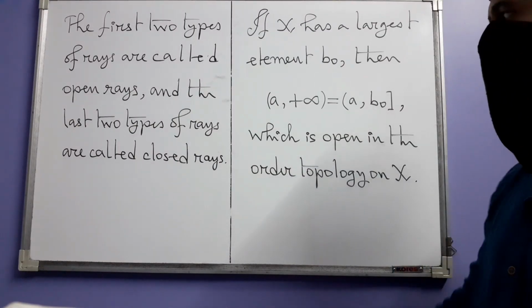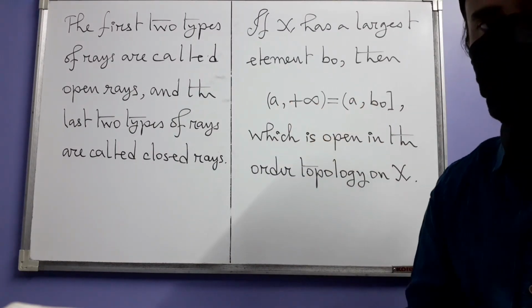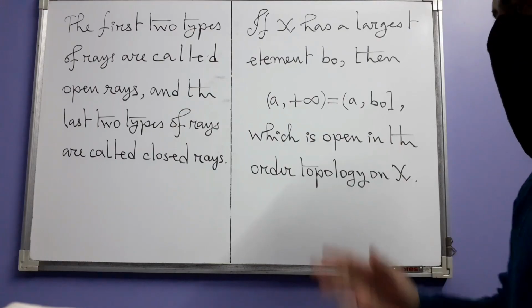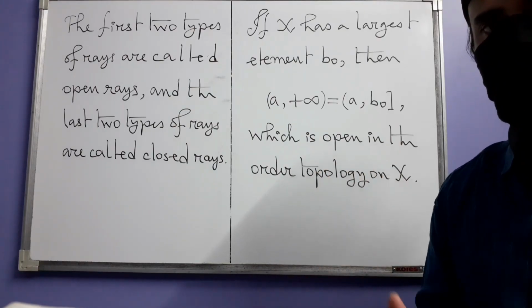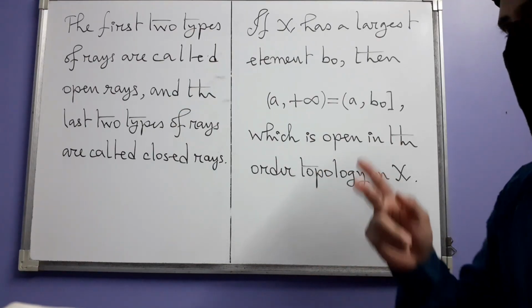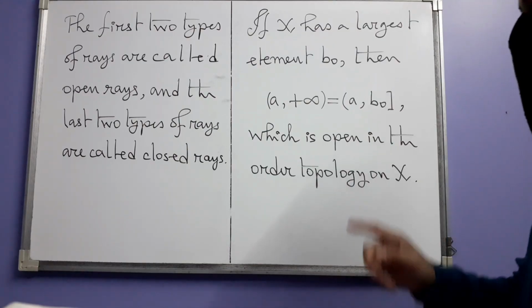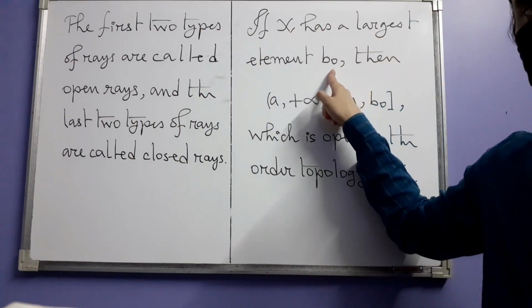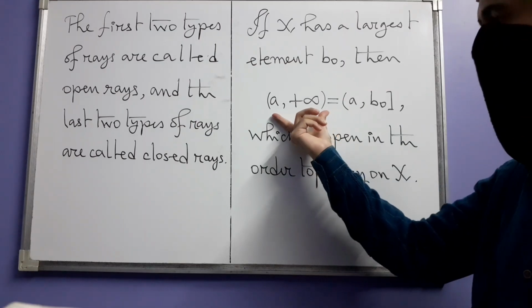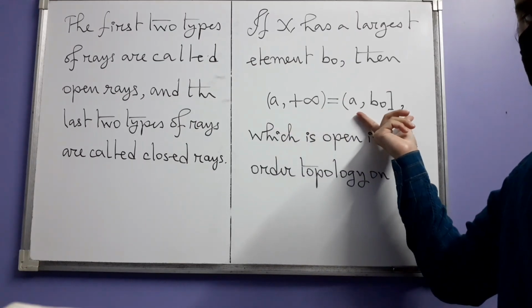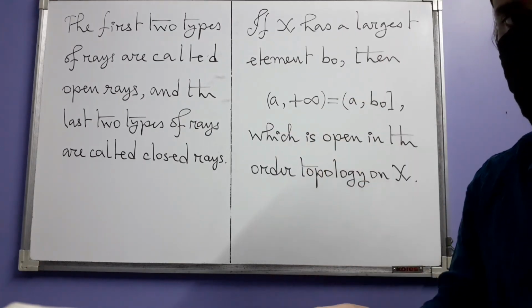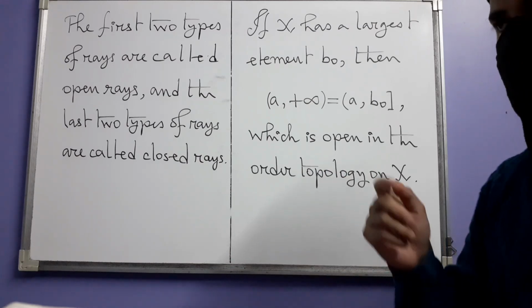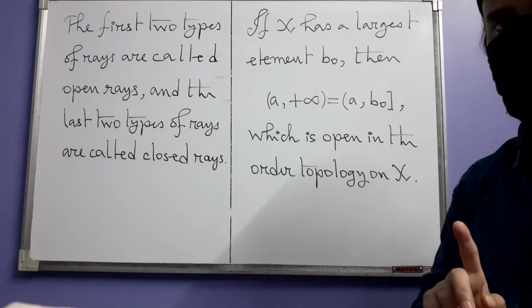Say we focus on the ray (A, +∞) open ray, and we want to show that it's an open set in the ordered topology. Now we are going to look at two cases. The first case is when our space X has a largest element b0. In that case, obviously this is the set of all points in the space which are greater than A, because there is now a largest element b0.